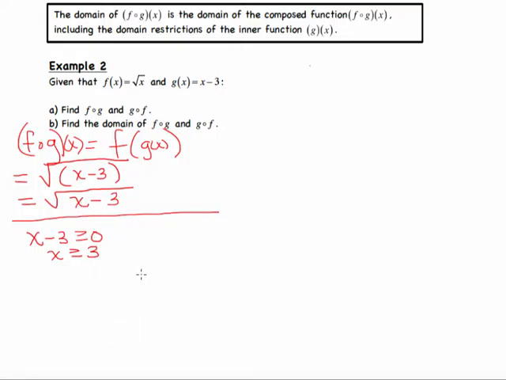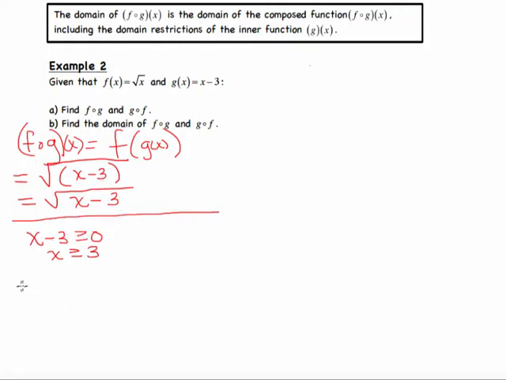Now I need to look at the domain of just the inner function, and in this problem it is g of x. The domain of g of x is simply all real numbers, so there's no other domain restrictions that are going to tag along into the domain of the composed function.